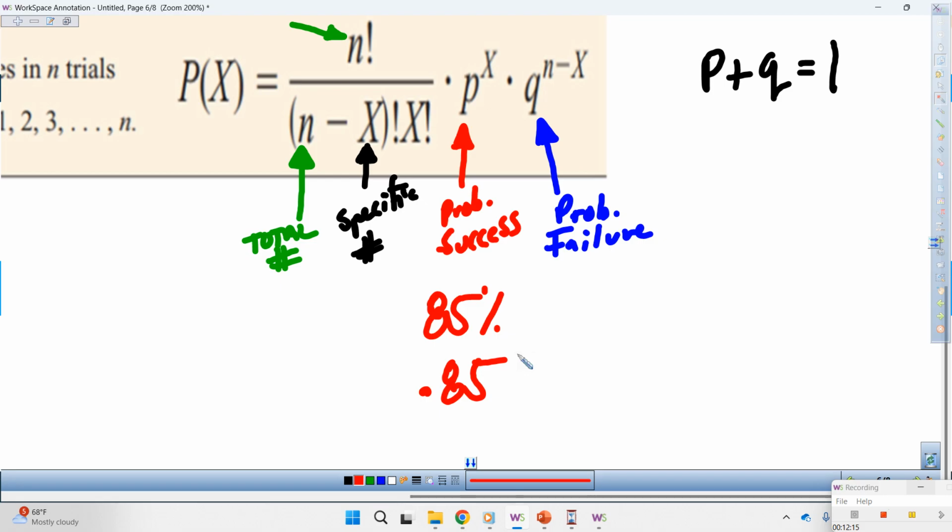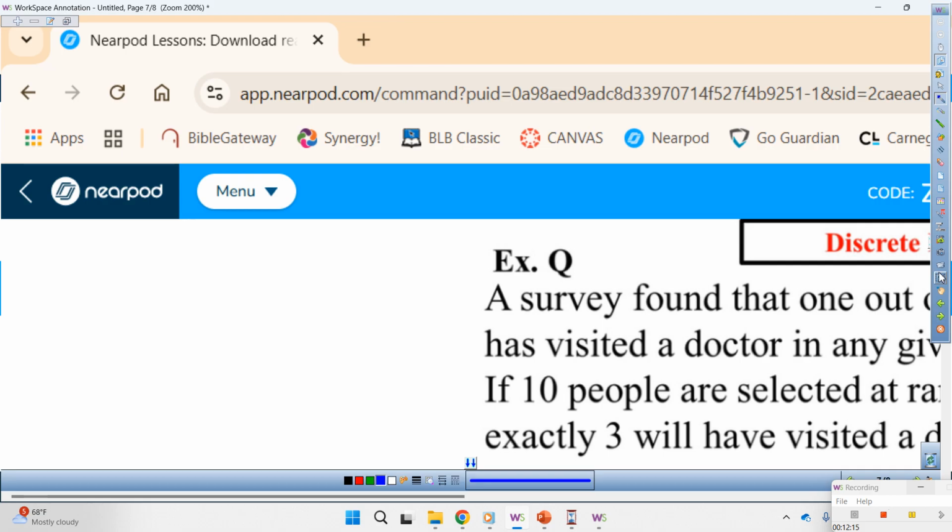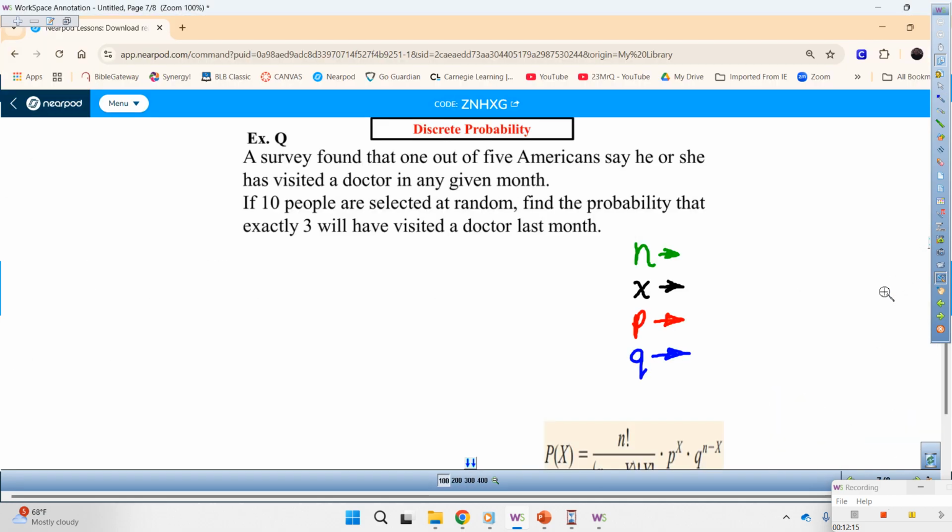All right, good conversation. Brandon Doherty. Probability of failure is 15%, or in decimal form it's 0.15, and 0.85 plus 0.15 should equal 1. Okay. Which brings us to our problem at hand.